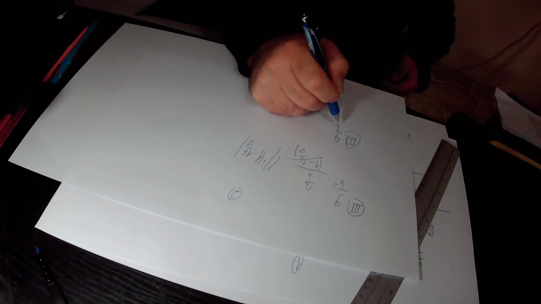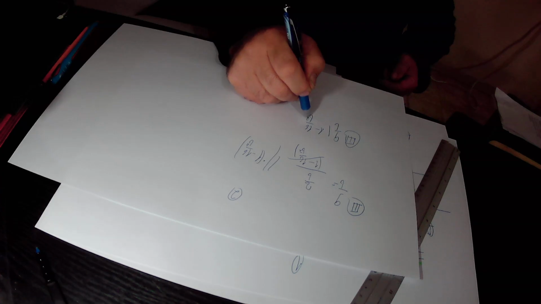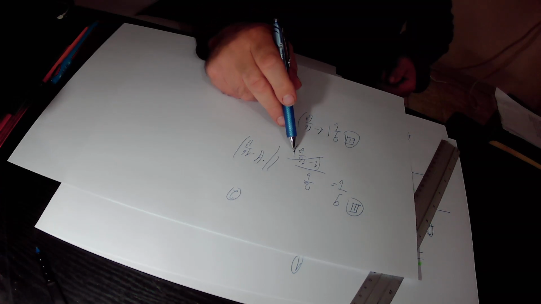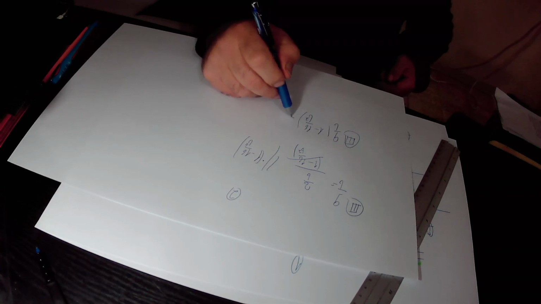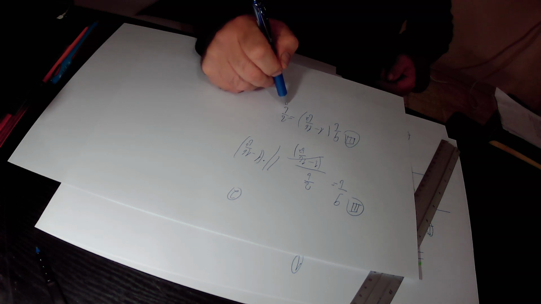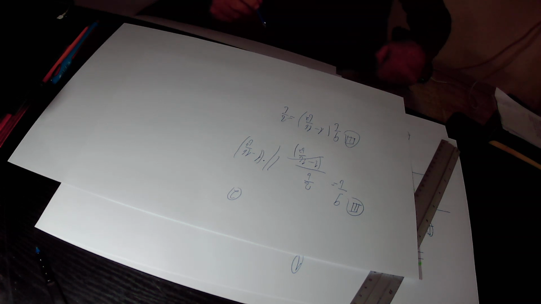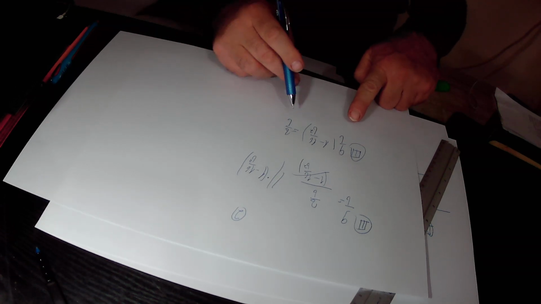On this side of equation 3 we have 9 over b times 1 minus 16 over b squared equals 8 over b. This expression has been cancelled, so we have only 8 over b on this side of the equation. Here we have b on both sides of this equation, so b will get cancelled.